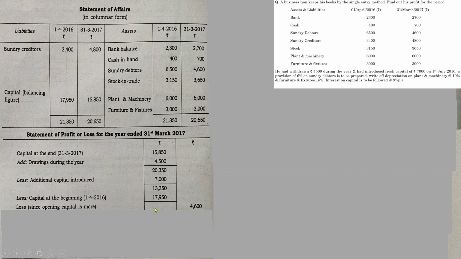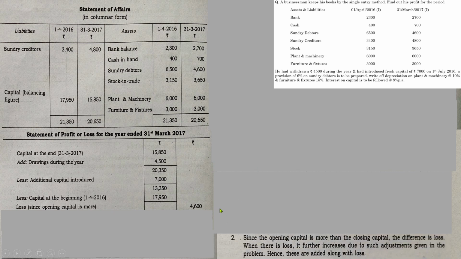So loss during the period is 4,600. Once this profit or loss is known as gross profit or gross loss, from this point onwards, you need to adjust the expenses and incomes during the period. In this question, there are some of the expenses and incomes specifically mentioned. You need to adjust those items also.